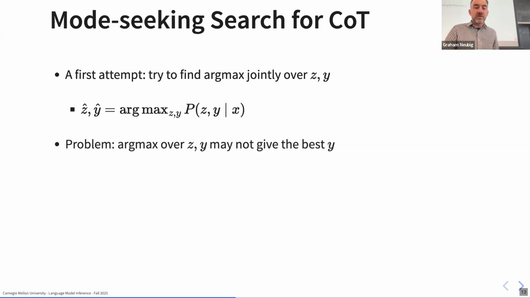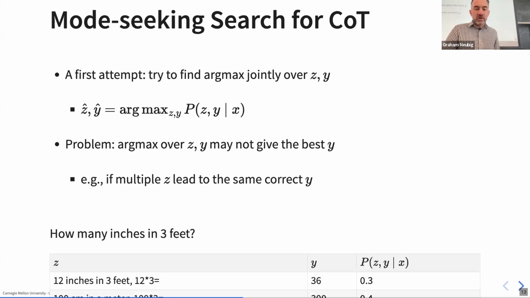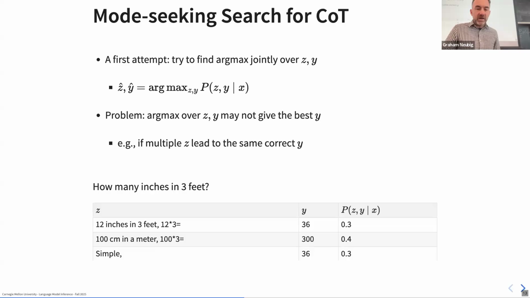But the problem is the argmax over z and y might not give the best y. So for instance, if we ask how many inches are there in 3 feet, and we have, for some reason, a crazy model that decides to talk about centimeters instead with a high probability, then this one would be the highest zy, but it would not lead to the y with highest probability.